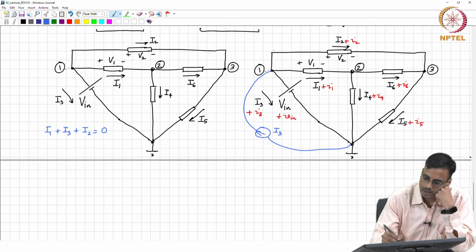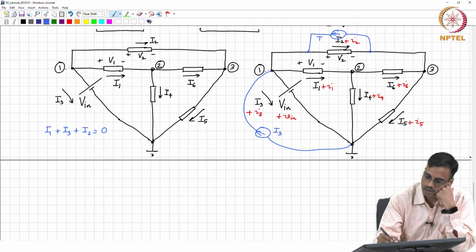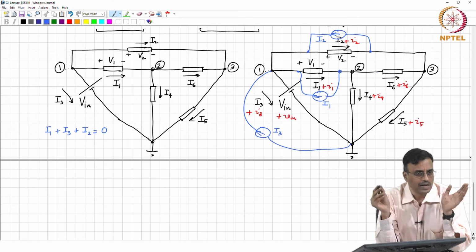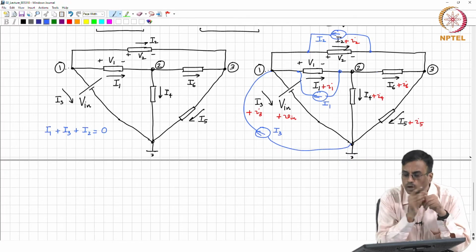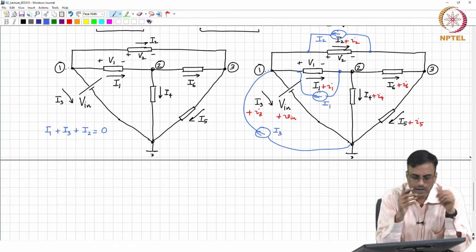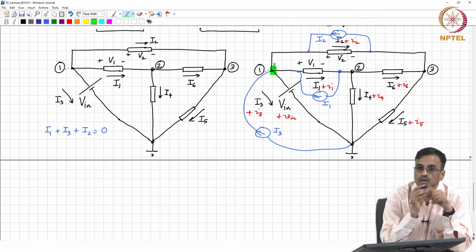I am going to add a current source like this in the opposite direction, and likewise I am going to add a current source like this in the opposite direction, and I am going to do that for all the branches. Okay. Now, what comment can you make about the node voltages and branch currents? What comment can you make about this node voltage?